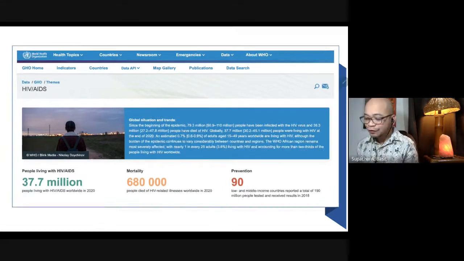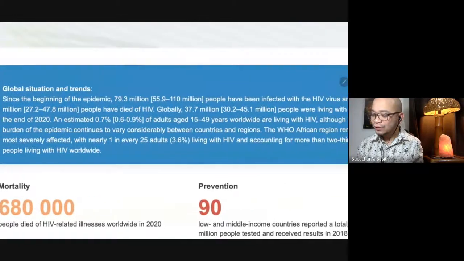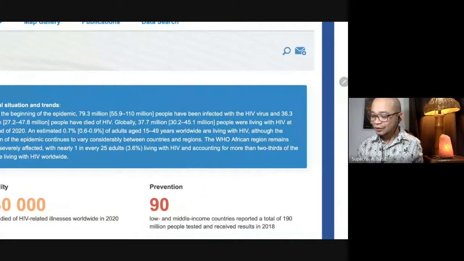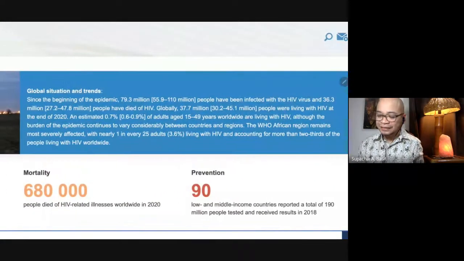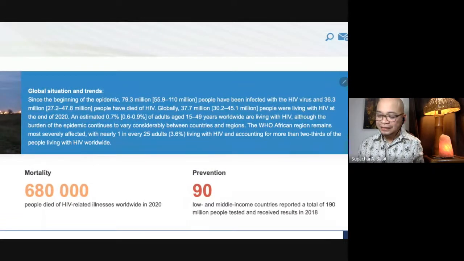So if you look at the global situation and trend since the beginning of the epidemic, they haven't called it a pandemic, but it's actually a pandemic. 79.3 million people have been infected with the HIV virus, and 36.3 million have already died of HIV since 1983, perhaps, or 1981.